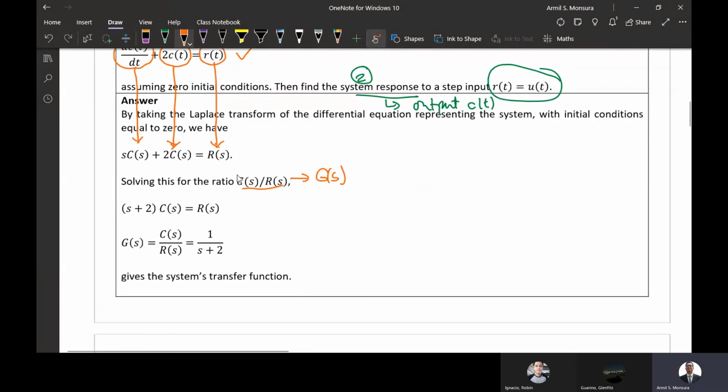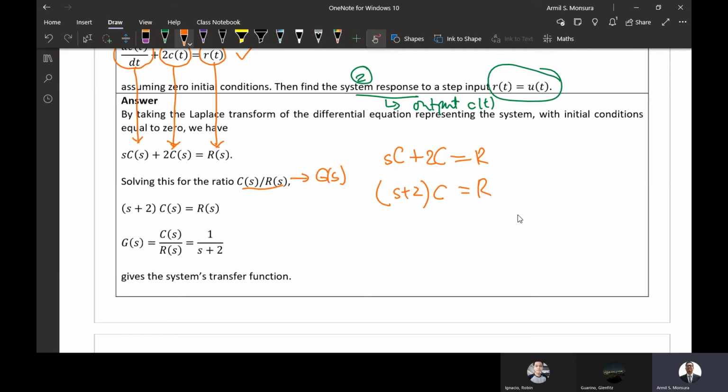Okay? So, para magawa natin yun, yung S times C of S, gagawin mo ng SC plus 2C equals R. I-factor out natin si C para makuha natin yung S plus 2 dito. And then, equal siya sa R. So, ngayon, yung ratio na C over R is obtained by first dividing this with S plus 2 para mawala siya dito.